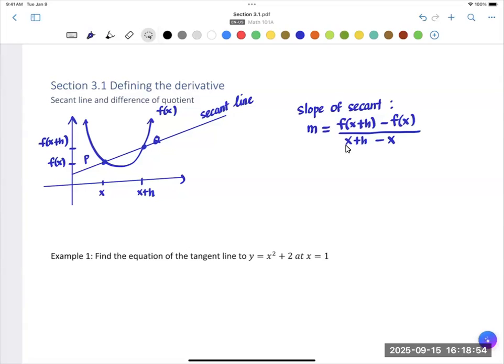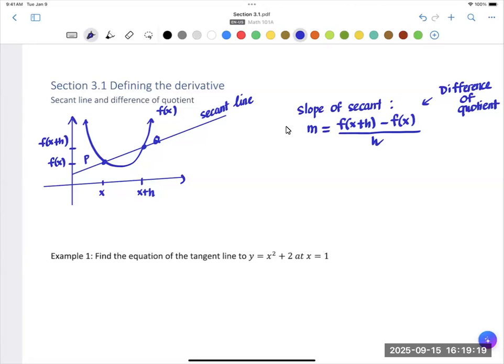The difference between the x values is just h. So instead of writing this, I can just write it divided by h. This is called the difference quotient. The difference quotient gives you the slope of the secant line.